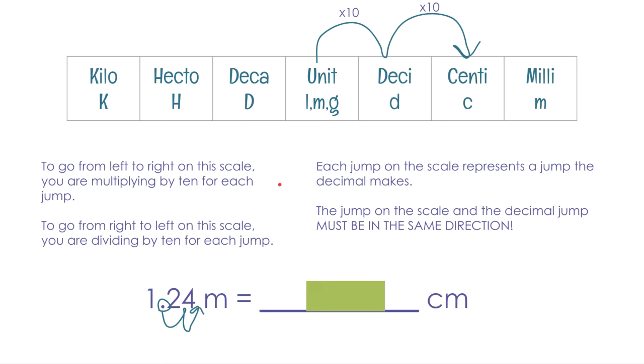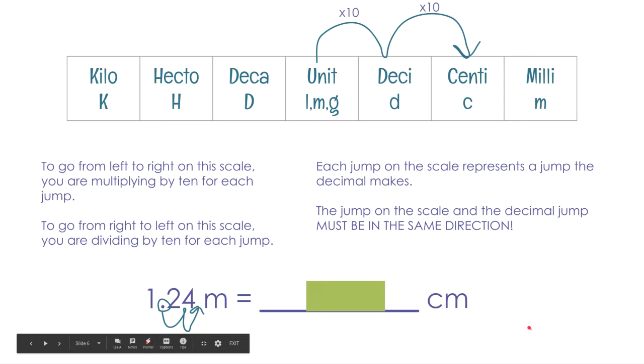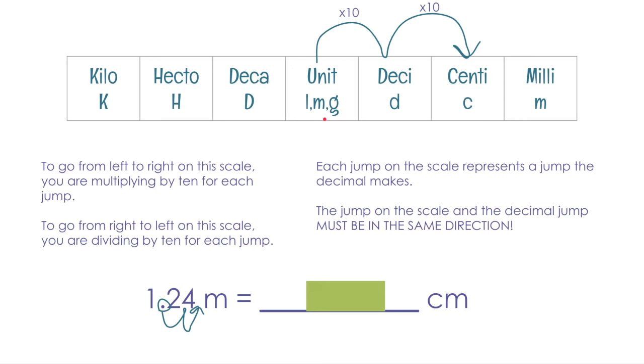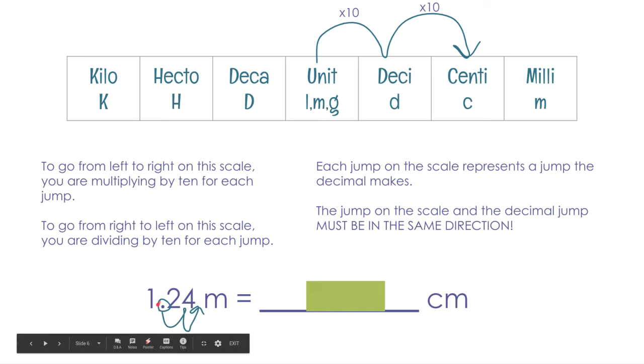So if I were to convert meters into centimeters, I would look, meter is going to fall into my unit area, and I am going to jump 2 times to the right. So what I'm going to do is I'm going to take my decimal and I'm going to move it 2 times to the right.